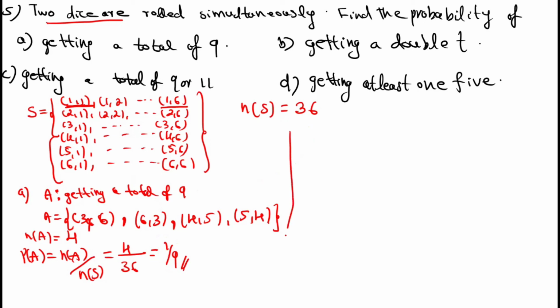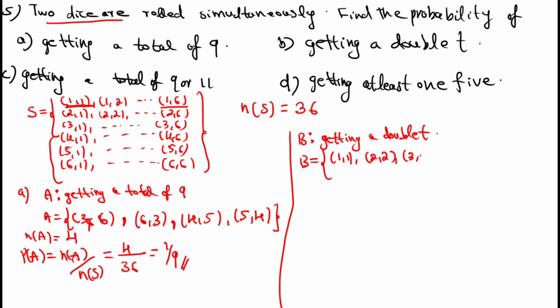Now take the second question. What's the second question? Getting a doublet. Okay, event B such that getting a doublet on rolling the dice. You know, right? What's the meaning of doublet? That means, see, (1,1), then (2,2), we call it a doublet, right? Same numbers: (1,1), (2,2), then (3,3), then (4,4), (5,5), and (6,6).